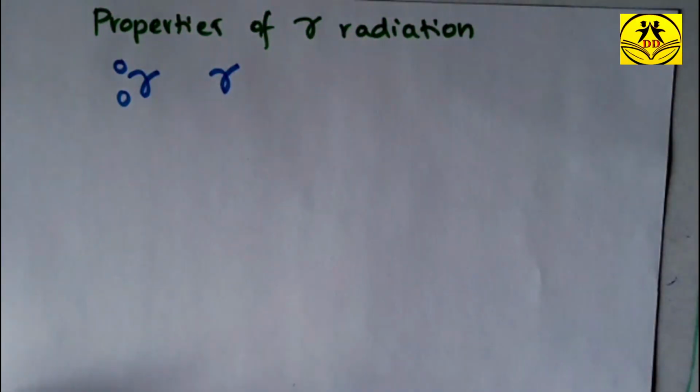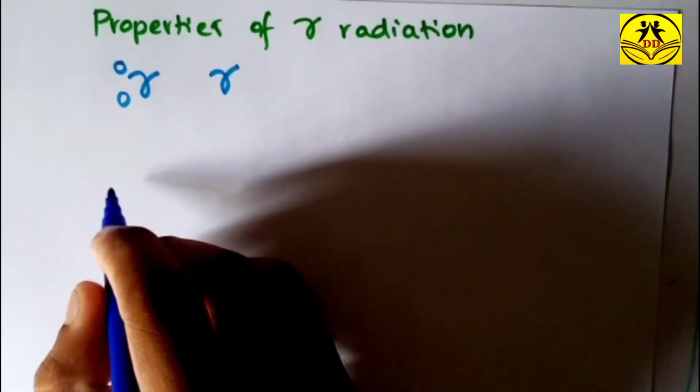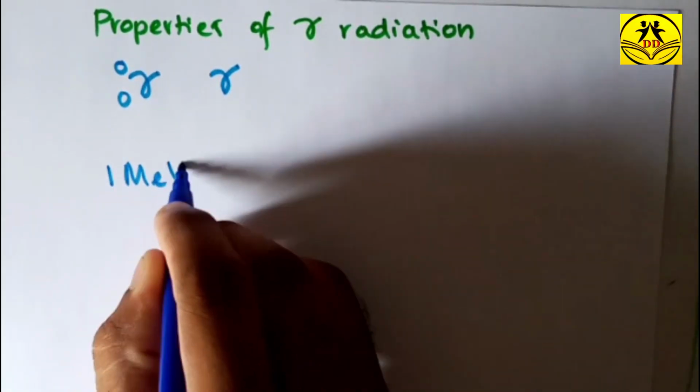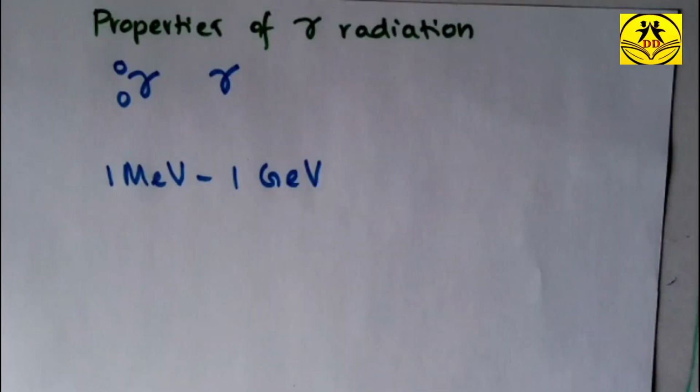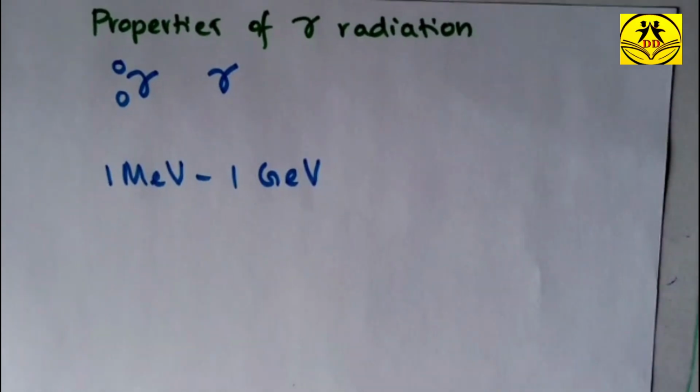When compared to the photon energy of visible light, which is about 1 electron volt, the photon energy of gamma rays is considered very high. It's around 1 mega electron volt to 1 giga electron volt. Unlike the emission of alpha particles or beta particles, the element corresponding to the nucleus does not change due to gamma radiation.